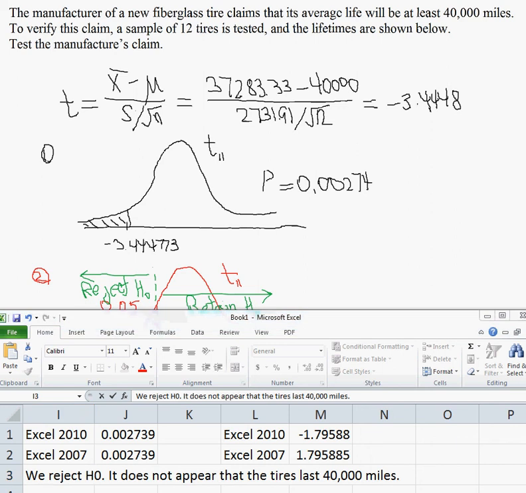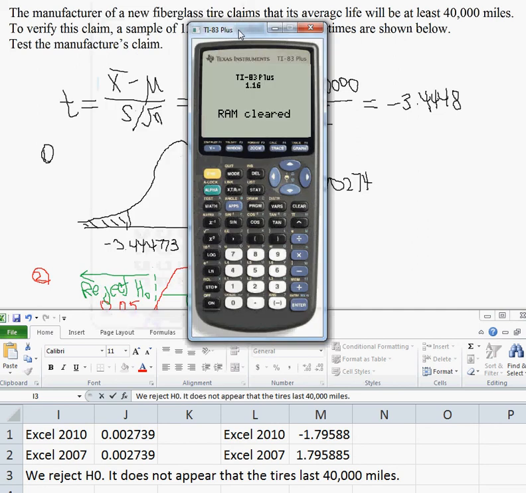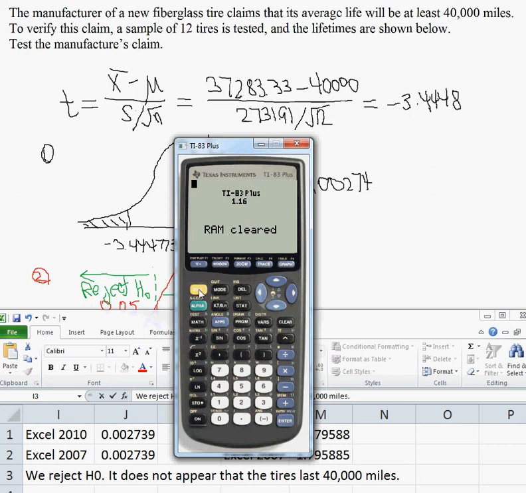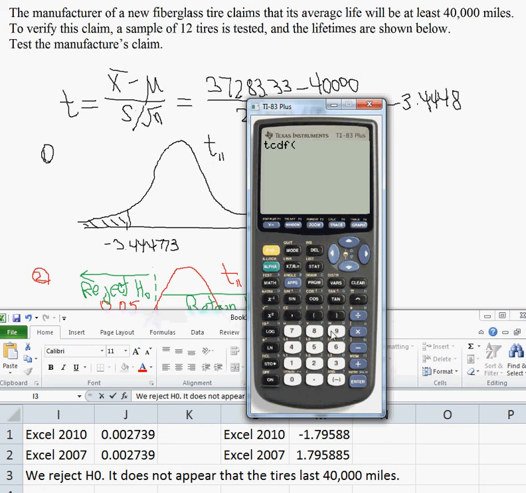Finally, let me talk about how to do this calculation on the TI calculator. So let me bring that onto the screen. It's possible to do the p-value in the calculator. The command is second distribution, and I go to tcdf, and then I input the left endpoint. The left endpoint would be negative 10 to the 99, so essentially negative infinity. And then the right endpoint, which we worked out to be negative 3.444773.